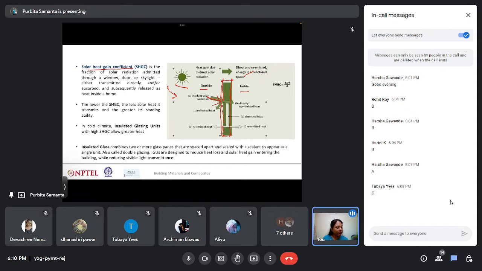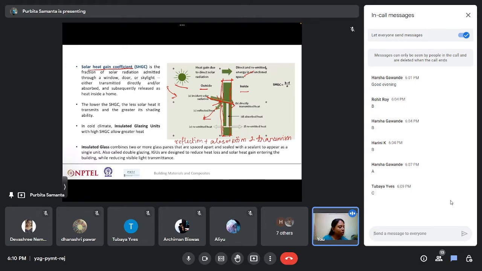Some part of the solar radiation is directly transmitted inside. Some part of it, we know, is reflected. So reflection happens, then absorption of heat or radiation happens, and then transmission happens.